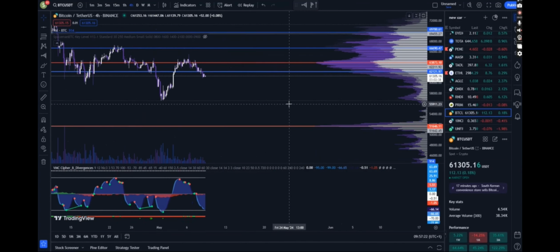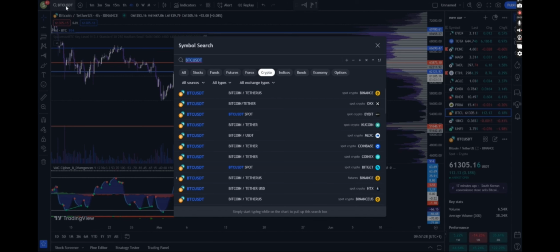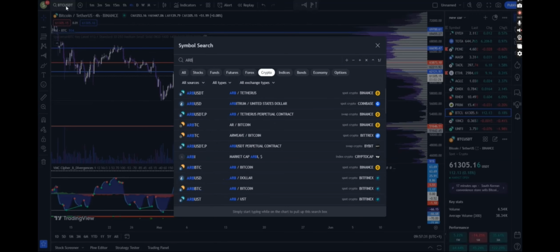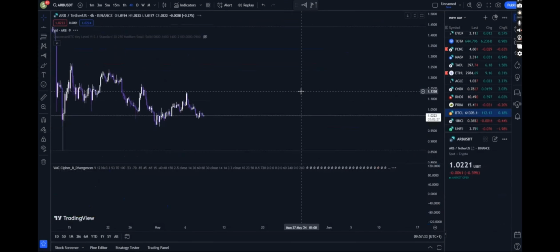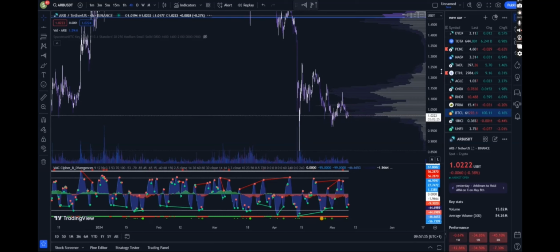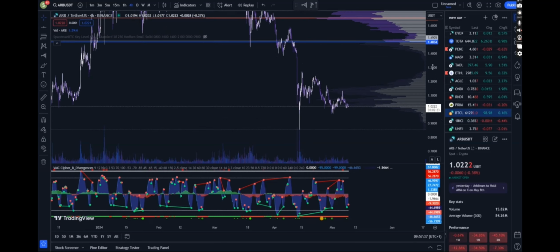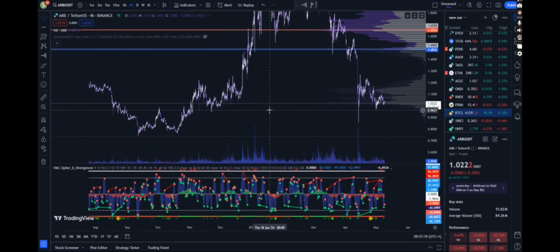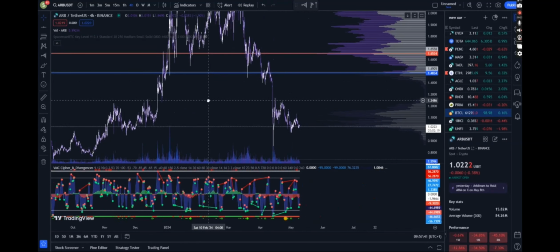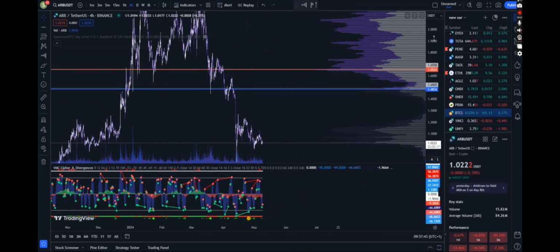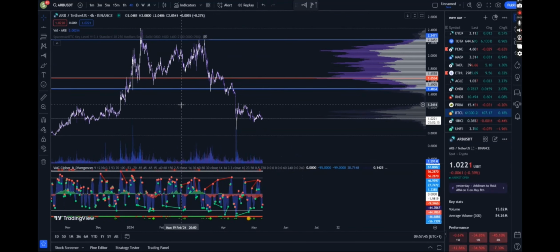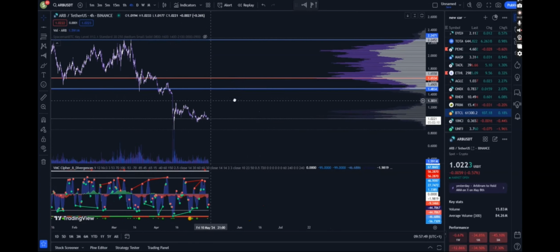So there's another two coins that I want to talk about. Let me just save that. ARB. So we've got ARB here, and we are trading below the value area low again.